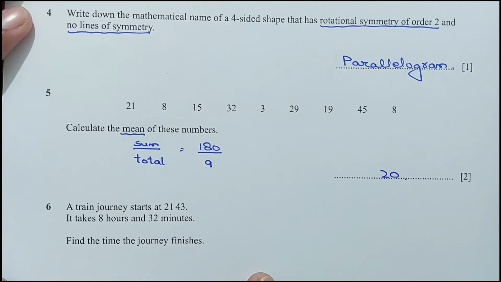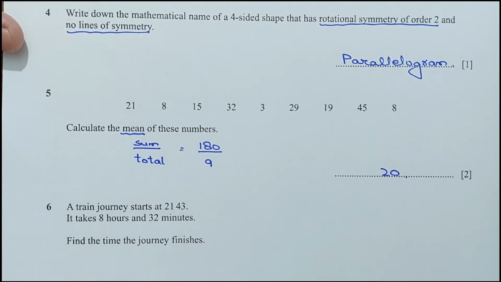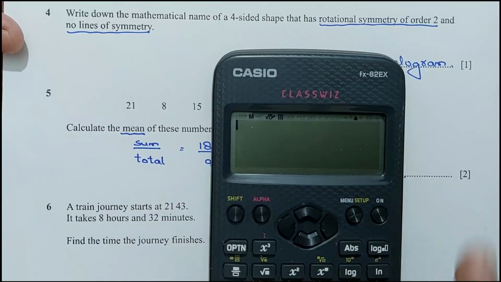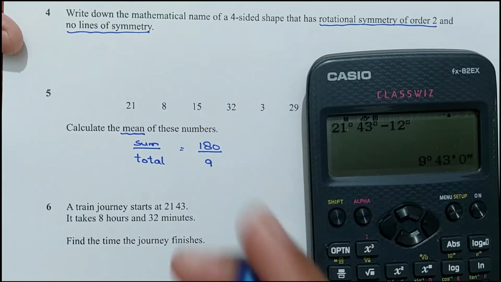Question number 6, a train journey starts at 21:43. It takes 8 hours and 32 minutes. Find the time the journey finishes. So 21:43 means 9:43, subtracting 12 in 12-hour time.